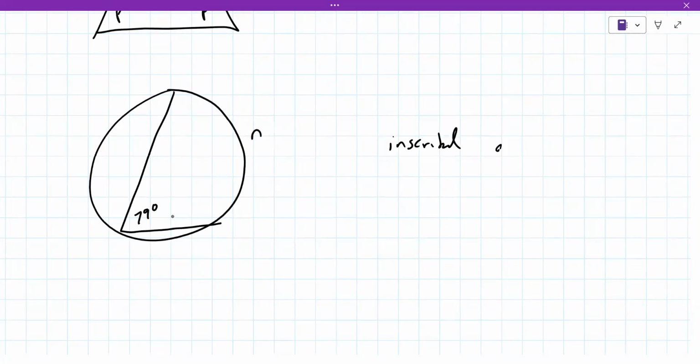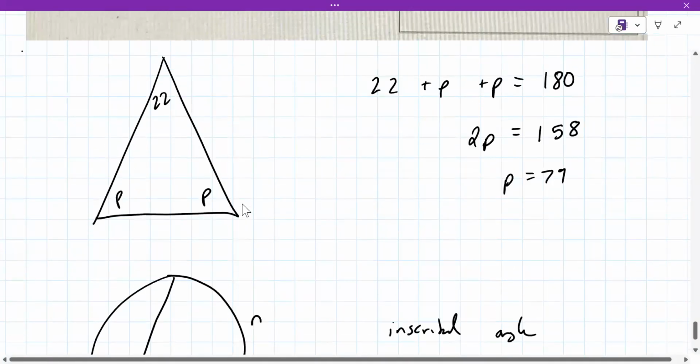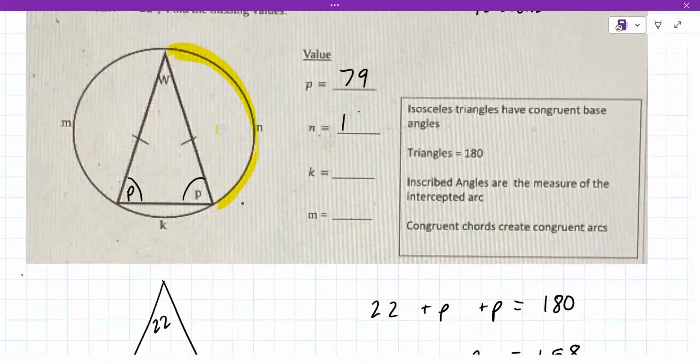It gets multiplied by two, correct? Yes, boom, you got it. So then that would be 158. Do the same thing to find M, please.